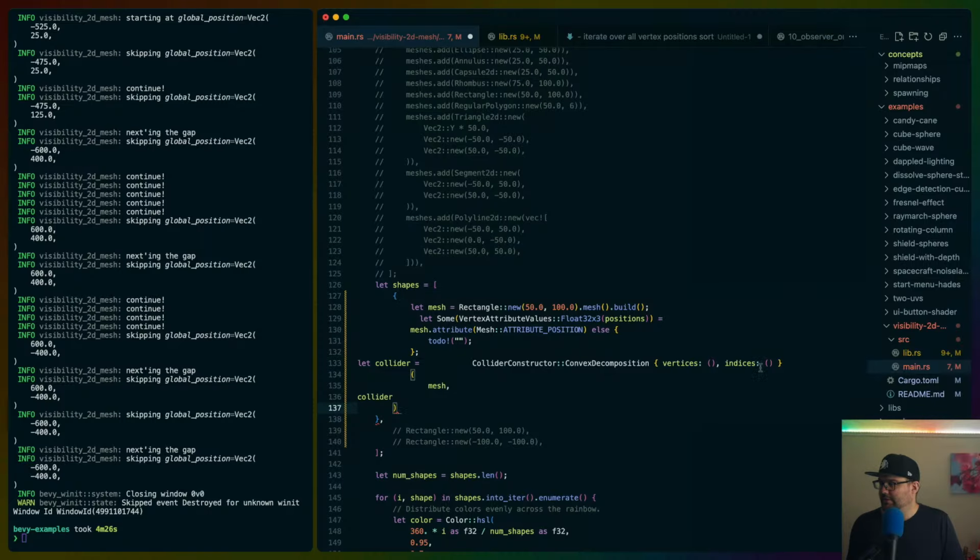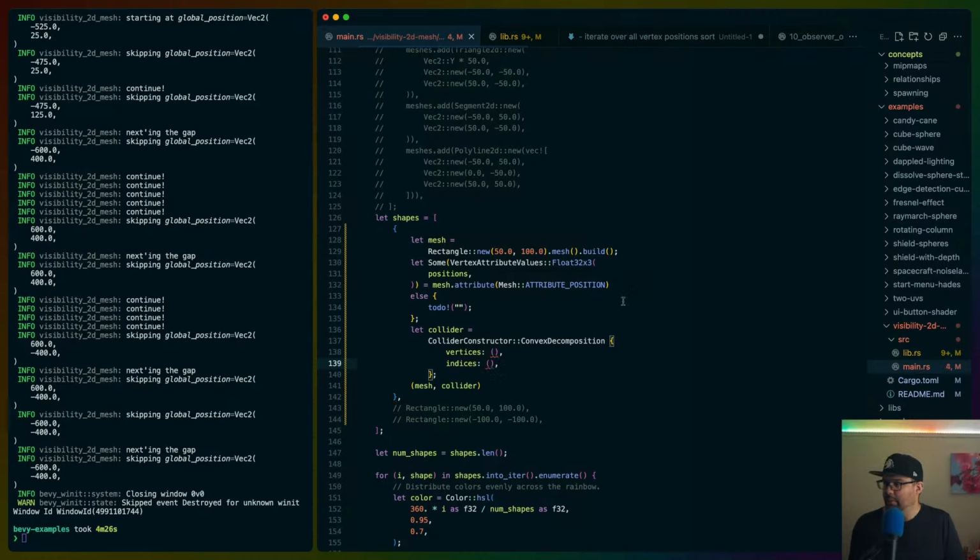Is my syntax ever correct? No. There we go. Now we get Rust Analyzer.